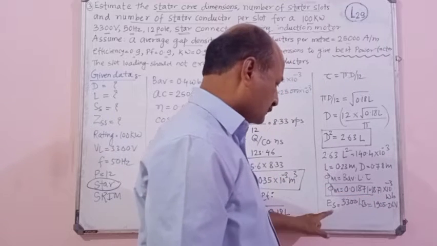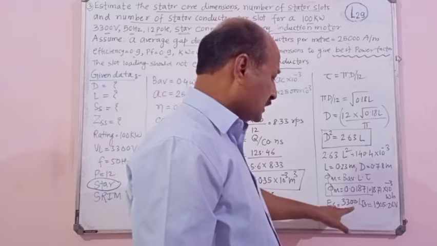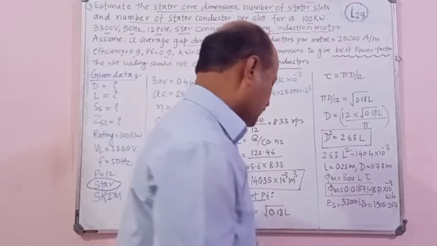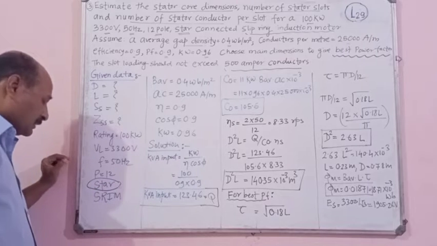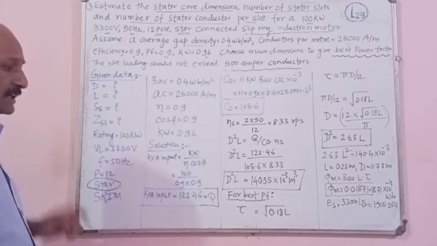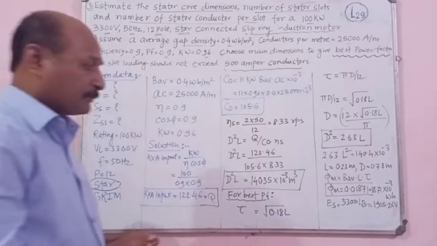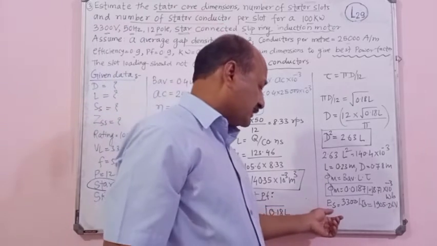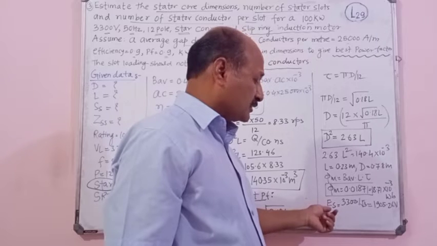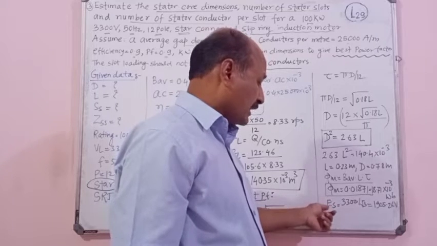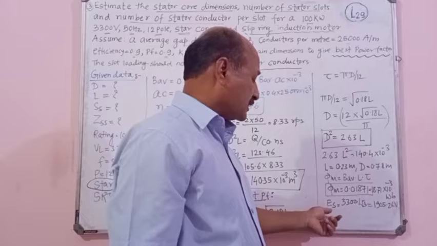ES equals 3300 divided by root 3. Why 3300 divided by root 3? Because now the slip ring induction motor is star connected. In the previous two numericals, it was delta connected, so the line voltage equals the phase voltage. In this, we have to calculate the phase voltage. Why? Our aim is to calculate the number of turns per phase.